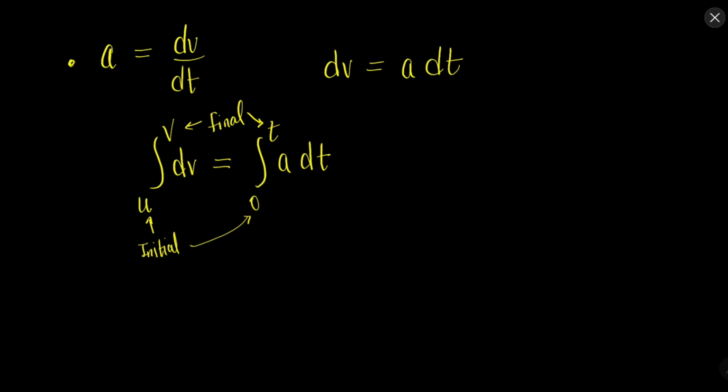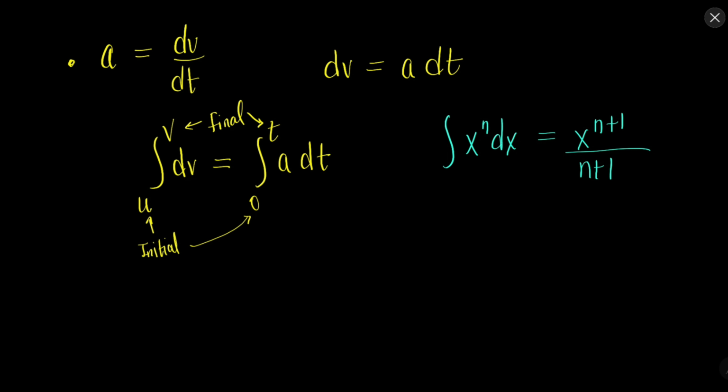Now after the integration symbol, we need to integrate. How to integrate? If you remember, we discussed one formula: if x to the power n dx is there, then the integral is x to the power n plus 1 upon n plus 1.